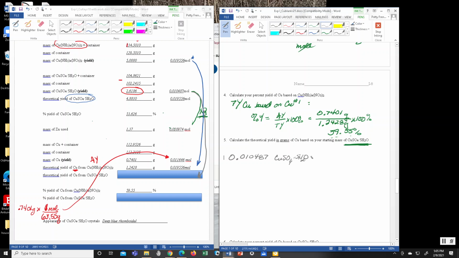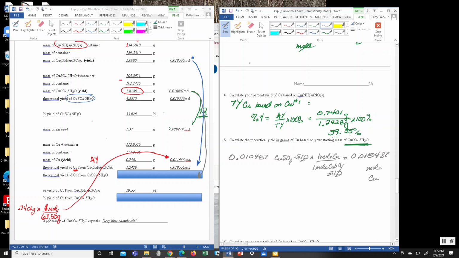And we had, again, a 1-to-1 molar ratio. So that gave us 0.010487 moles of copper.